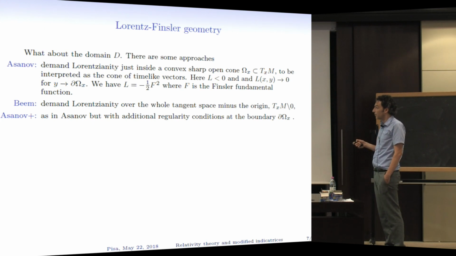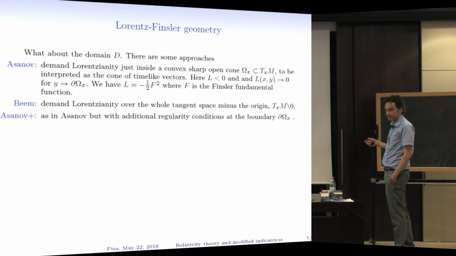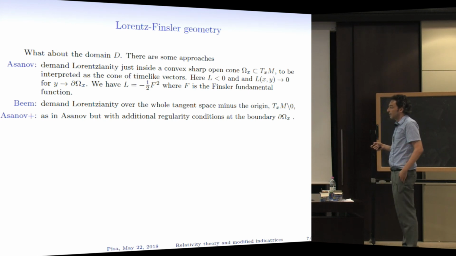This is the approach by Asanov, who worked inside a cone, basically. In the other approach, instead, you demand Lorentzianity over the whole tangent space minus the origin. And then there are mixed approaches, let's say improved approaches with respect to Asanov, in which you take this scheme here, but you add additional regularity conditions at the boundary, that is in the set of light-like vectors.